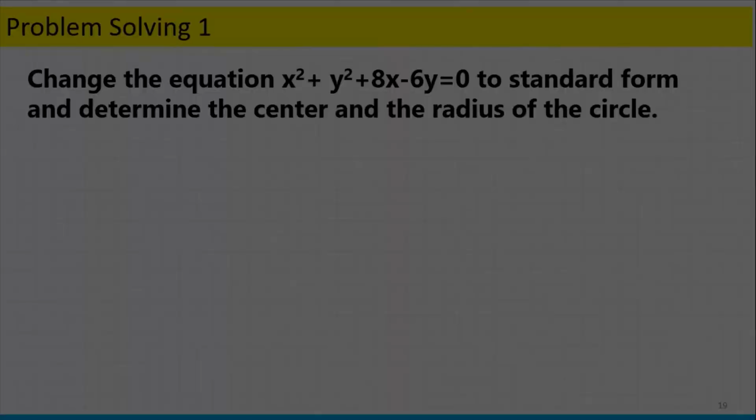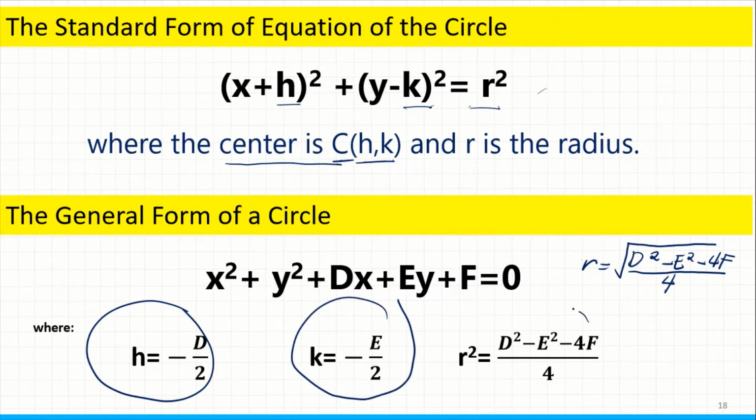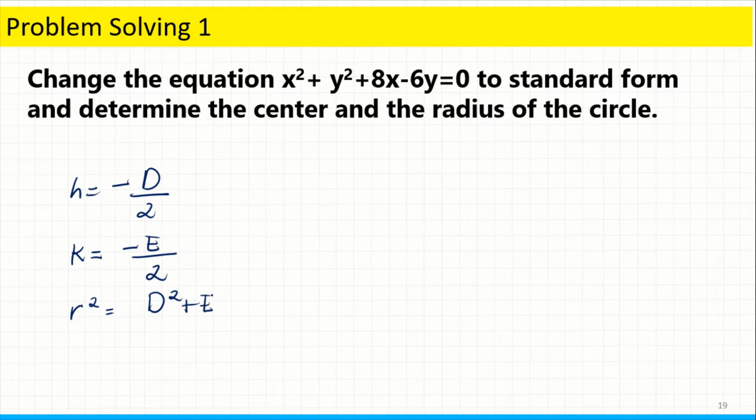We have h is equal to negative D over 2, and k is equal to negative E over 2, and r squared is equal to D squared plus E squared minus 4F all over 4.